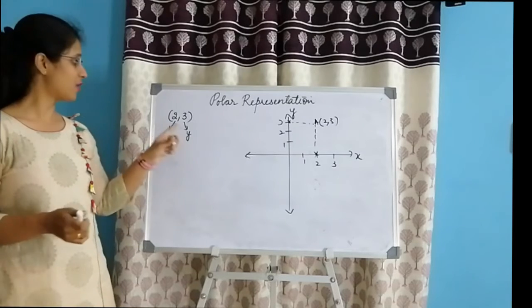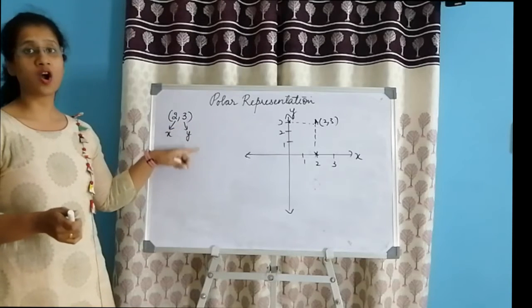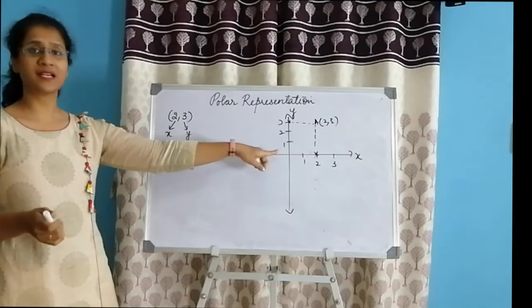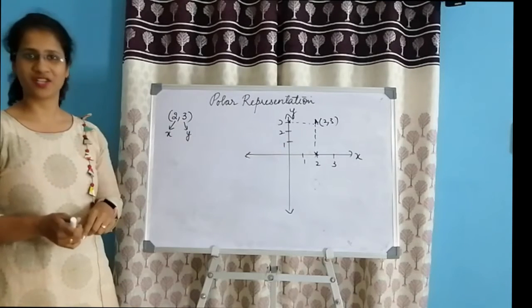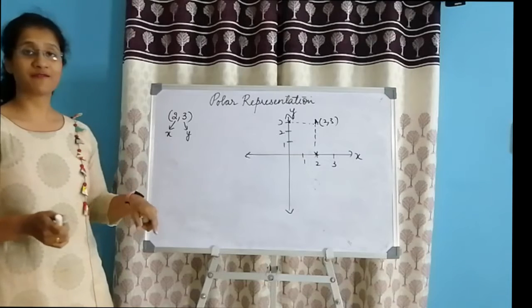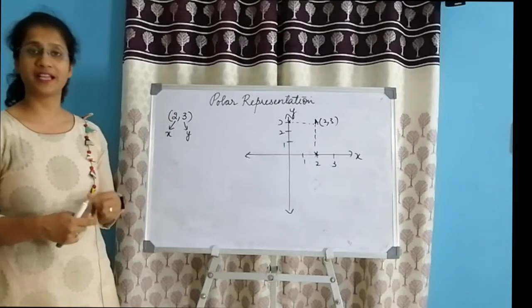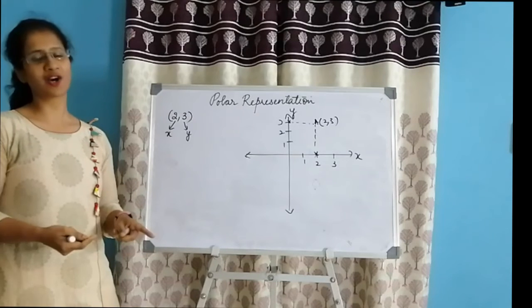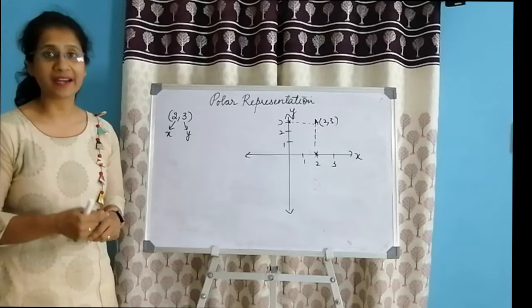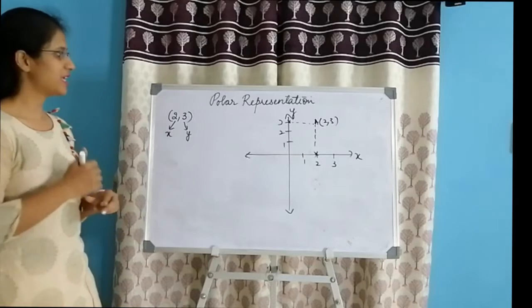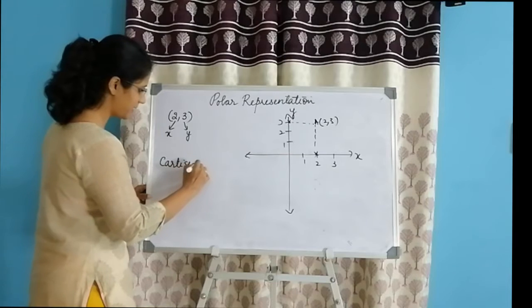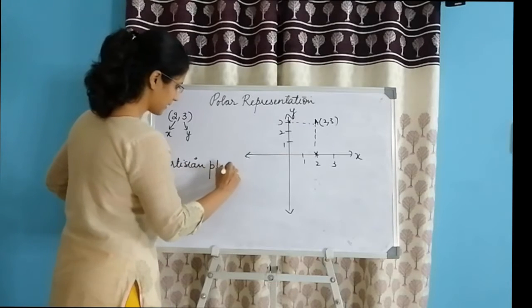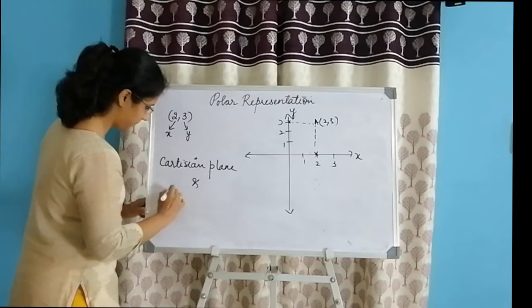So when I come across 2, 3, it is an ordered pair. Representing an ordered pair on a plane becomes representing an ordered pair on the Cartesian plane. Okay. So if I have to represent a complex number, then it becomes representing a complex number on the Argand plane. Okay. So there is a difference between Cartesian plane and Argand plane.